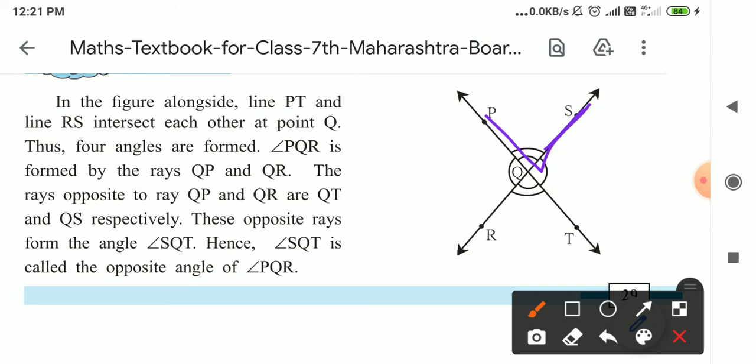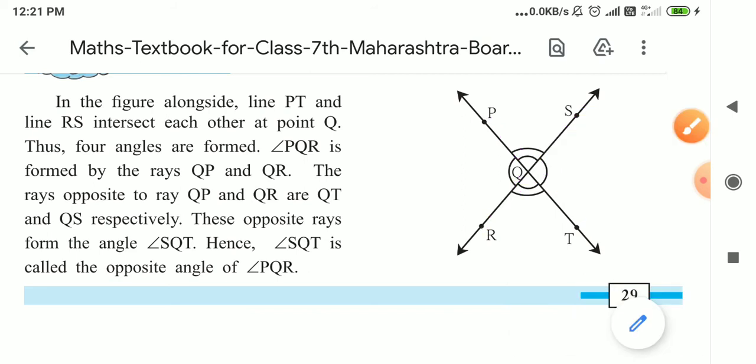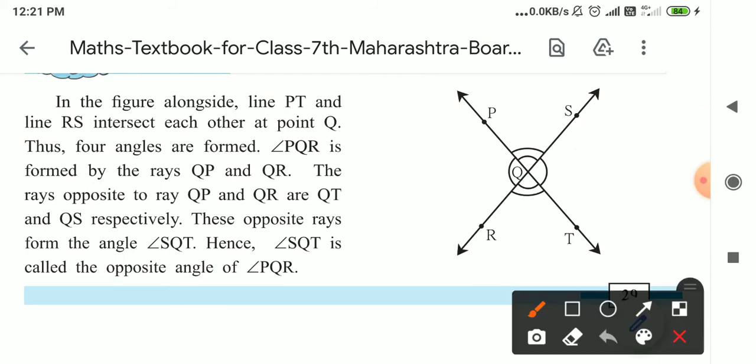PQS, SQT, TQR and RQP are the angles formed.